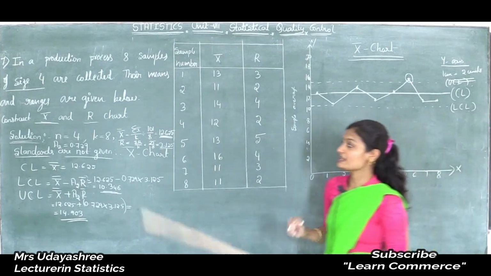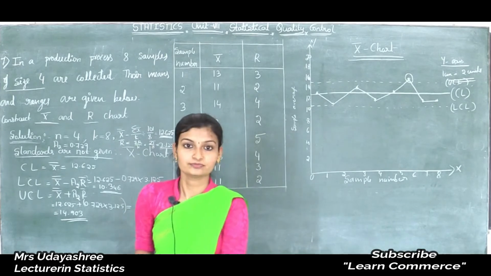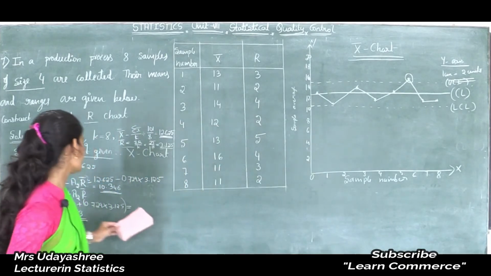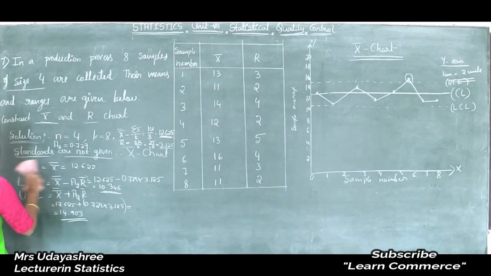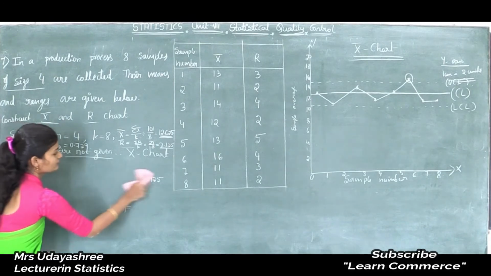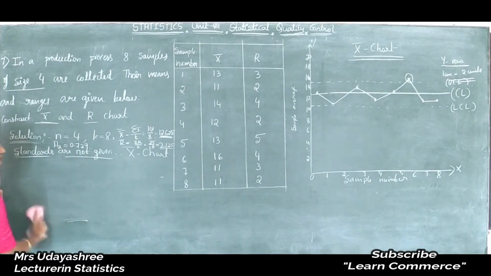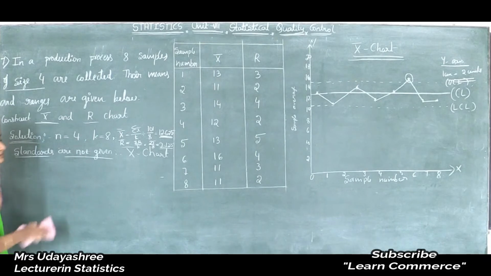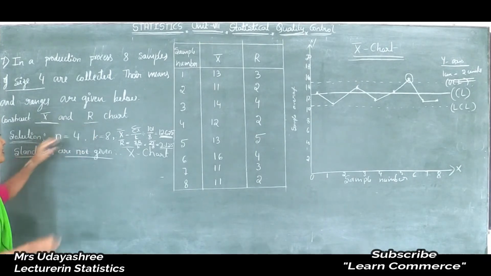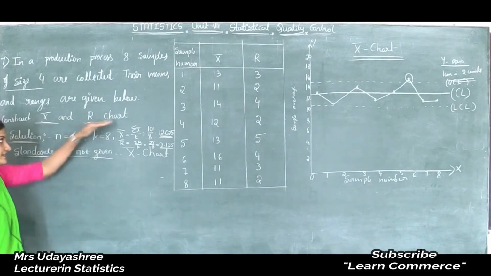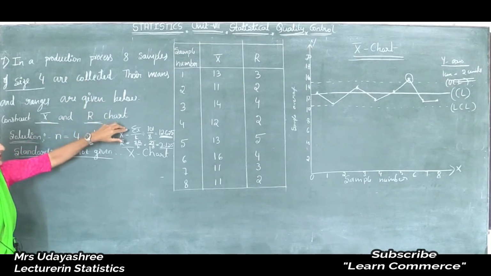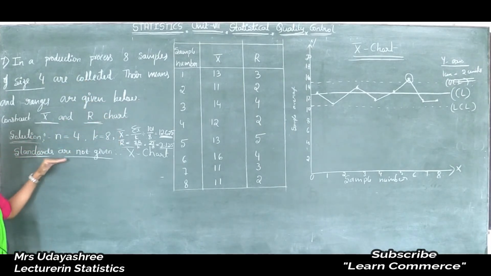Okay, now let's see how to construct the R chart. So the construction of the R chart is like this. Here there is no further information, so standards are not given.